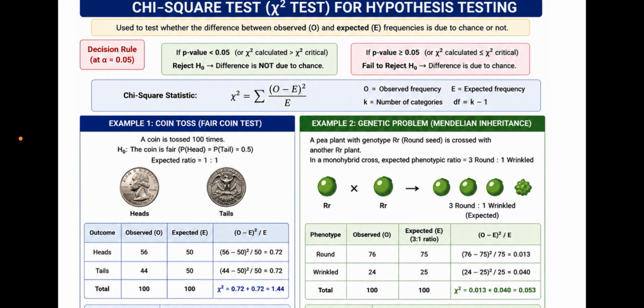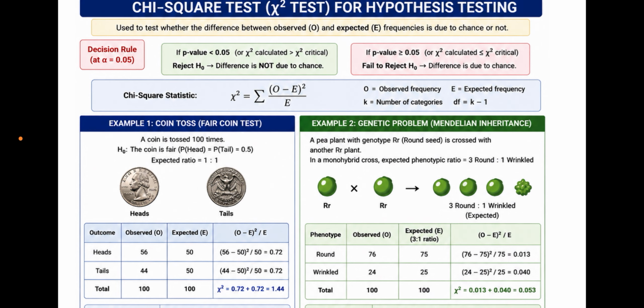In such a case, we have two hypotheses: the null hypothesis and the alternative hypothesis. The null hypothesis says that there is no difference between the observed frequency and the expected frequency, and the difference that is there, 75 versus 76, is by chance.